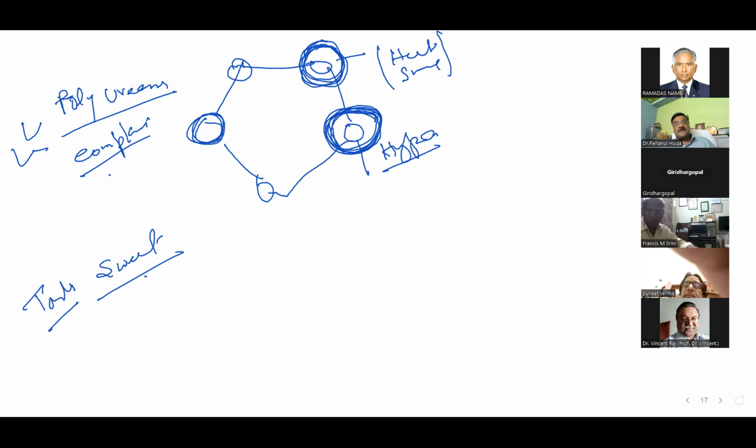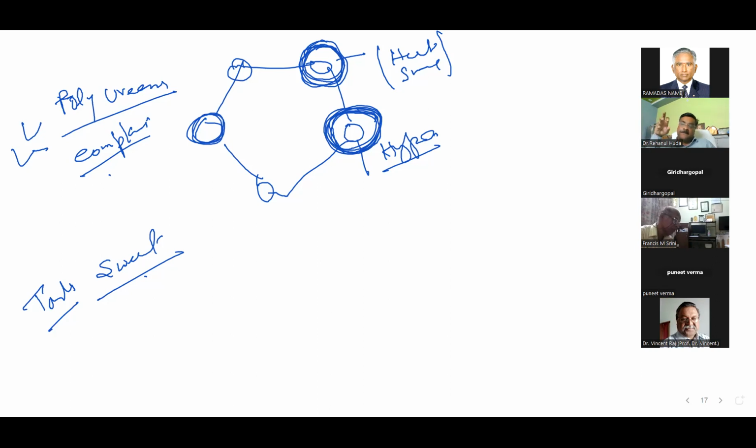So in this polyuria case, we will not treat the kidney. We will treat the spleen, which is in hypo condition. The hypo condition of every organ I will explain in the next class.